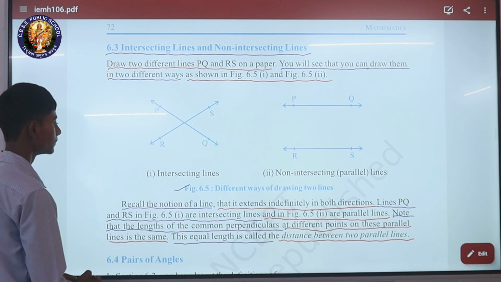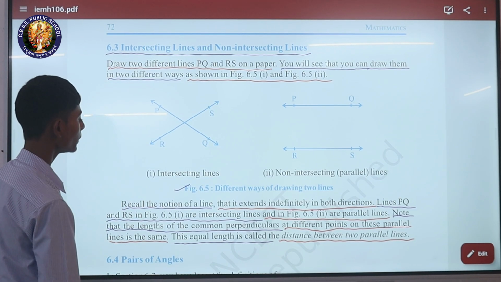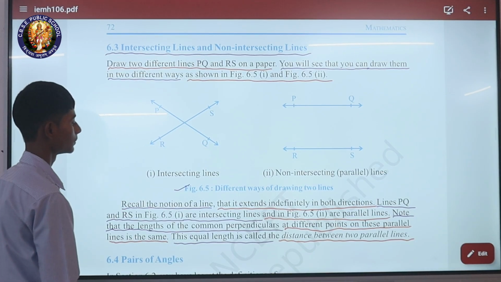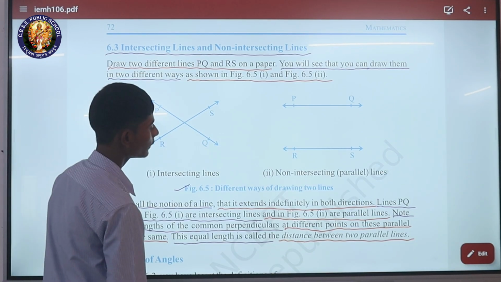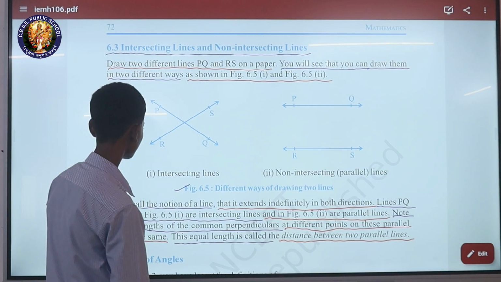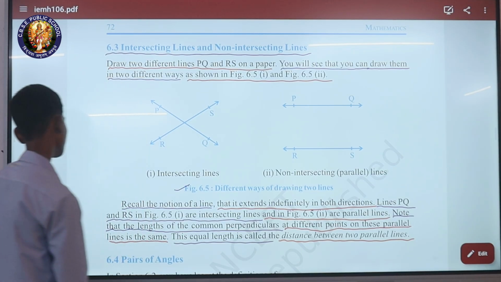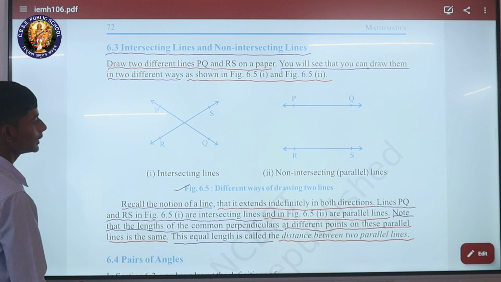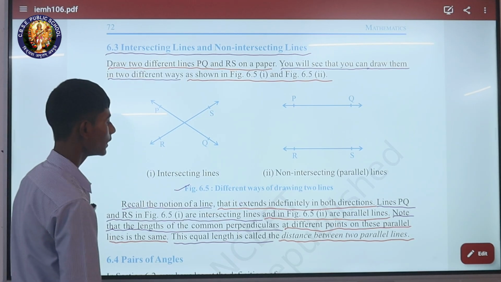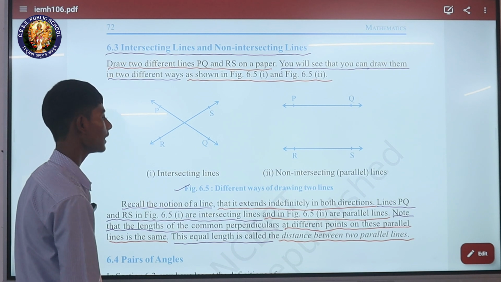Note that the length of the common perpendiculars at different points on these parallel lines is the same. This equal length is called the distance between two parallel lines.